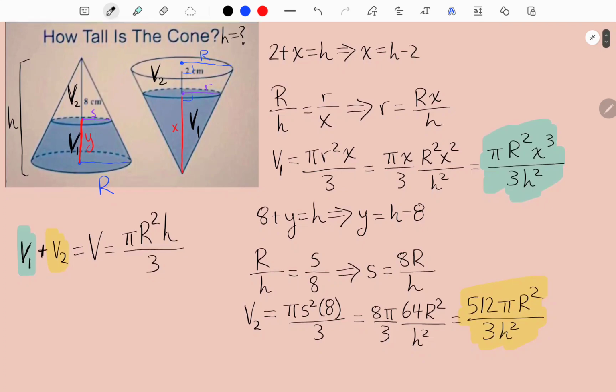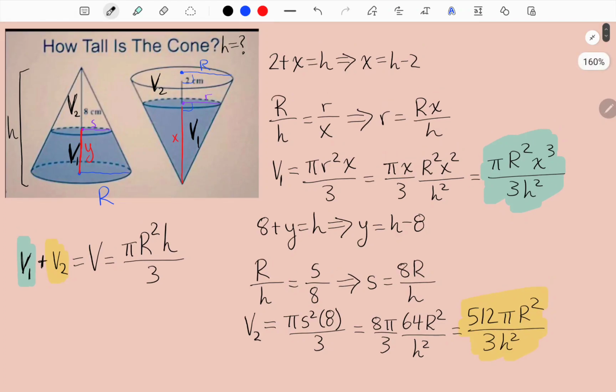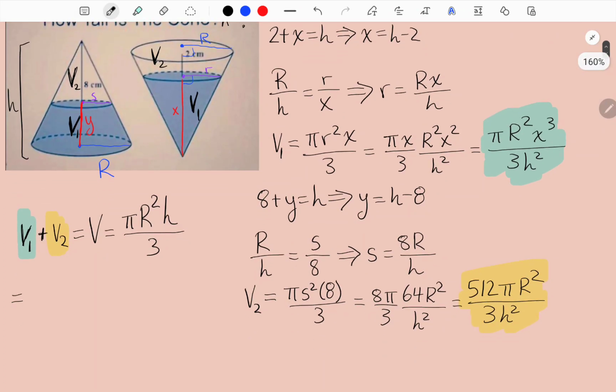So if we want to add them together, volume 1 plus volume 2 is equal to V, which equals pi r squared h over 3, which equals, you just add these two together. Because they have a common denominator, I'm just going to combine them over 3h squared, and then pi capital R squared x cubed plus 512 pi r squared.